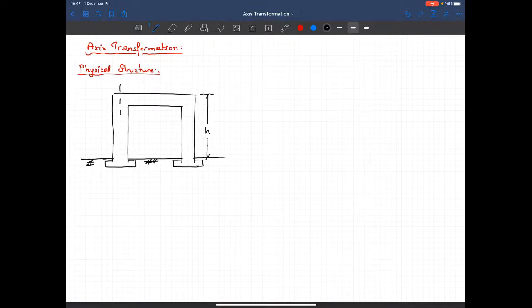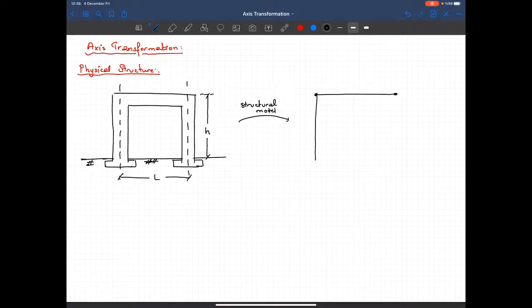And usually we have the column lines, column grid lines, and usually we know this length. Okay, now we said that while generating the structural model, this is usually what we do. We define the nodes at the story levels, so I have a node here, another node here, then in between these two nodes I have that beam element.